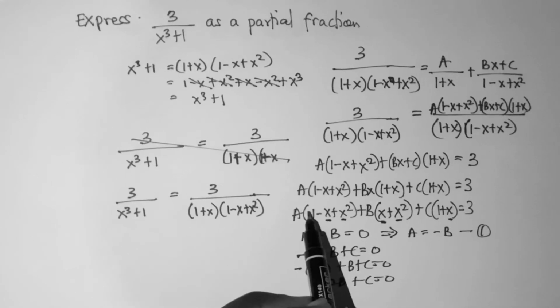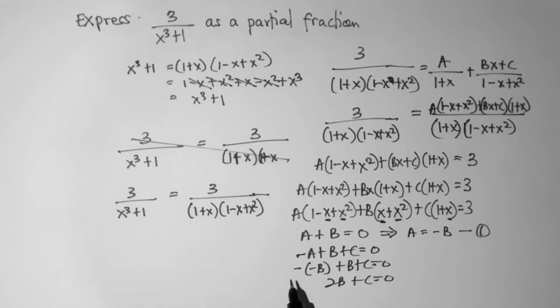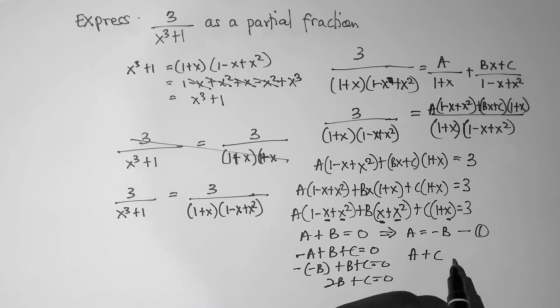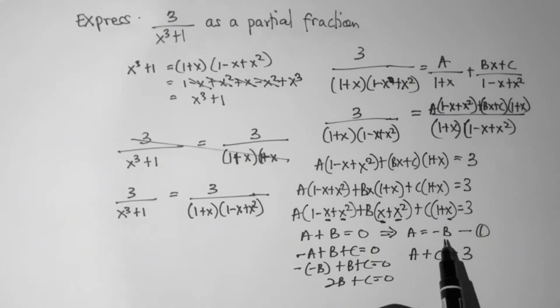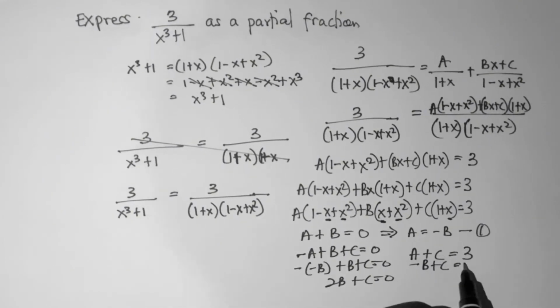Now, you can see that this one has got no x, and then this one also has no x. So A plus C is equal to 3. But we know that A is equal to minus B. So in other words, minus B plus C is equal to 3.